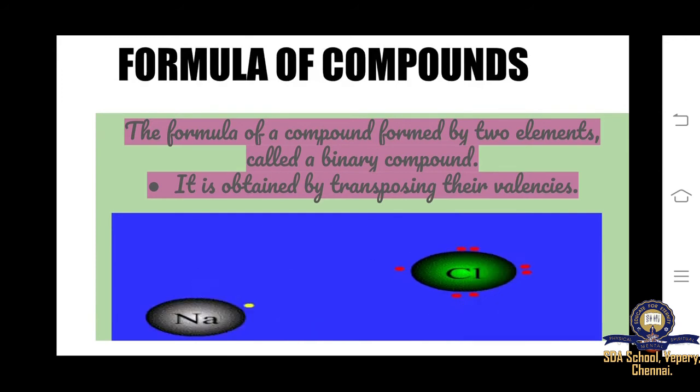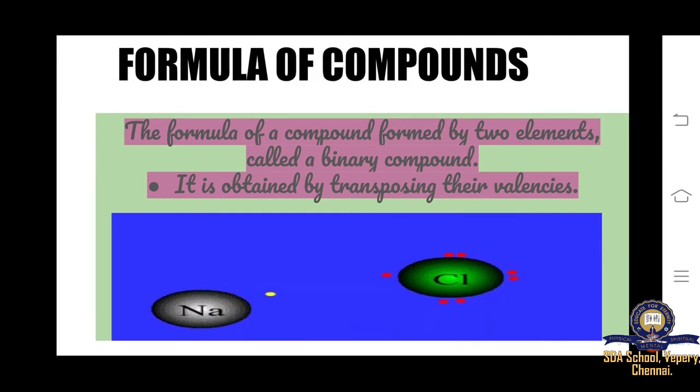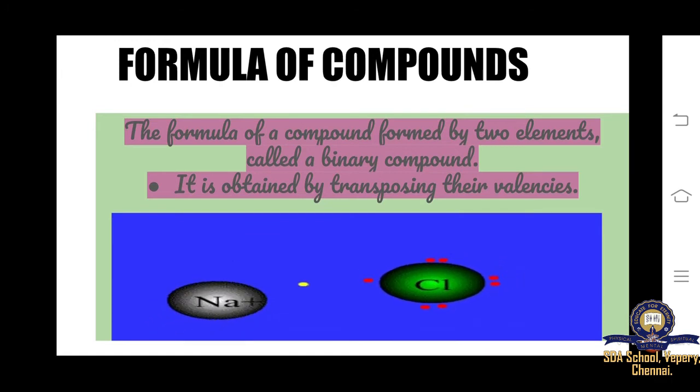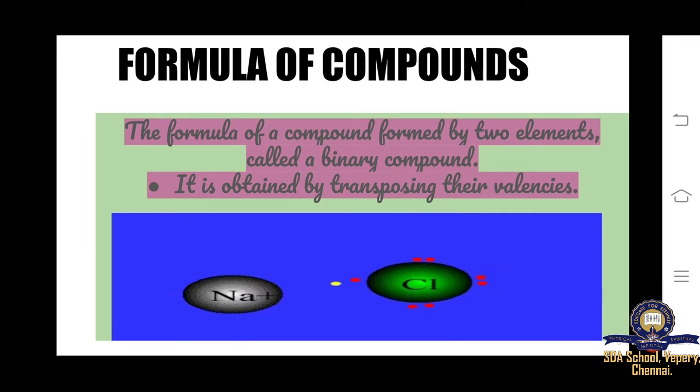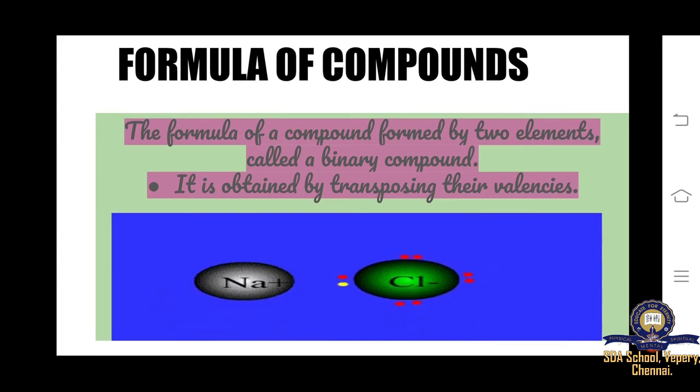Next, we have a topic, formula of a compound. So how to write the formula of a compound? The formula of a compound formed by 2 elements is called a binary compound. It is obtained by transposing their valency. Here in this picture we have Na plus and Cl minus, that is Na means sodium plus and then Cl minus.